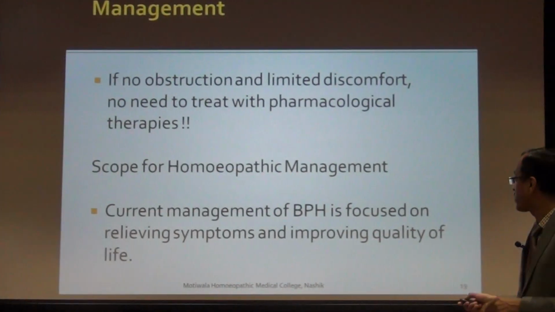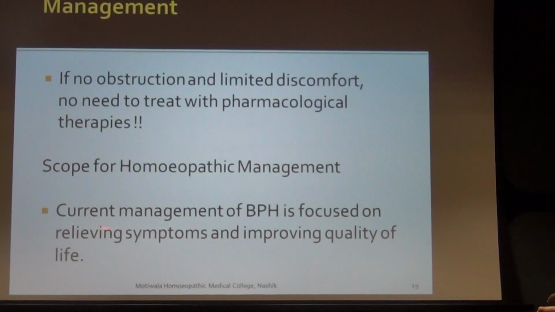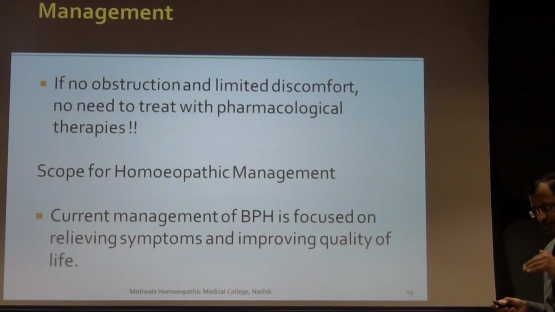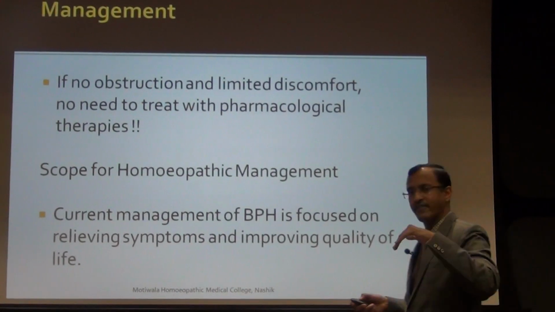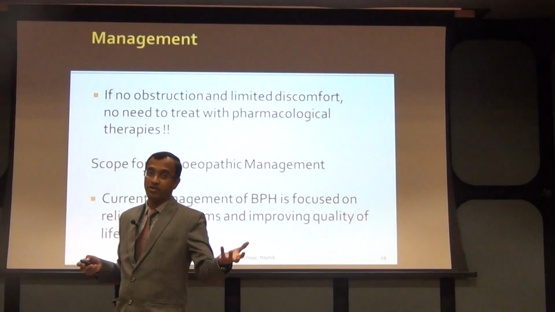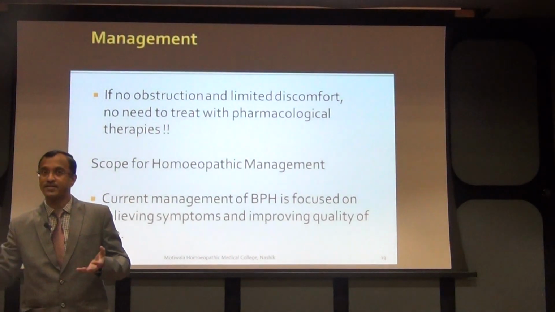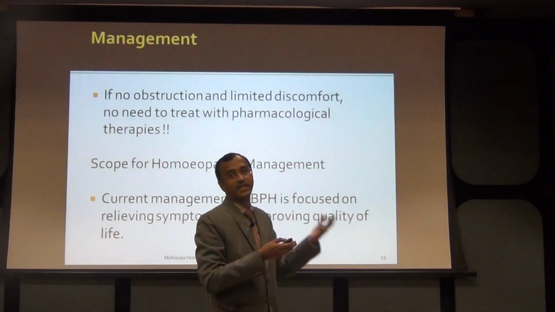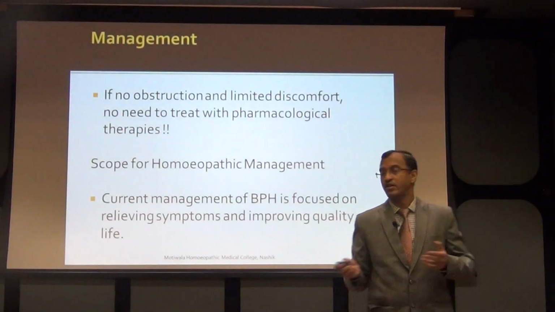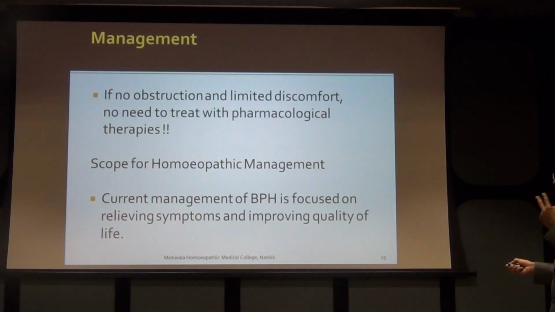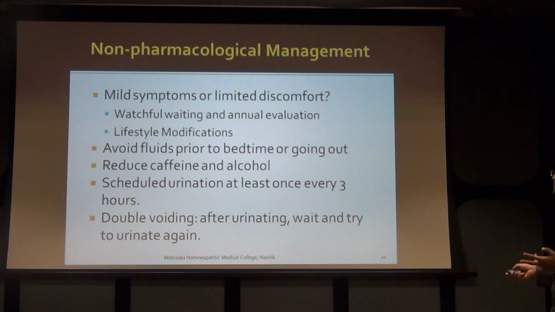This is very important, because in an elderly person who has other medical conditions, related to cardiovascular disease or diabetes, there are certain contraindications to moving ahead with surgery. So it is better to focus on how one can relieve the symptoms and improve the quality of life of elderly people.